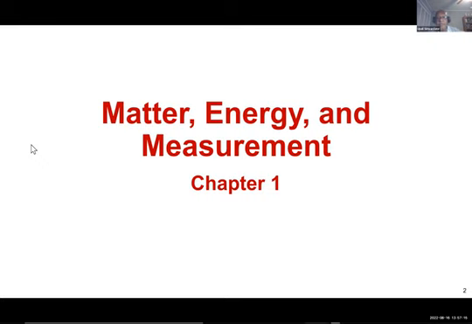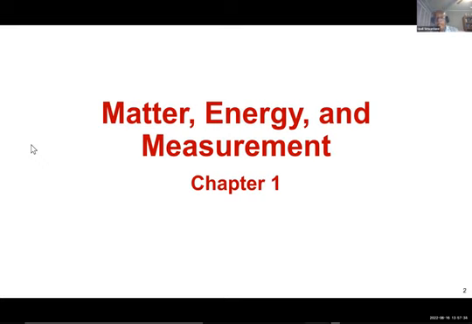Matter is something that has mass and volume. How many of you knew that? Energy is not matter.